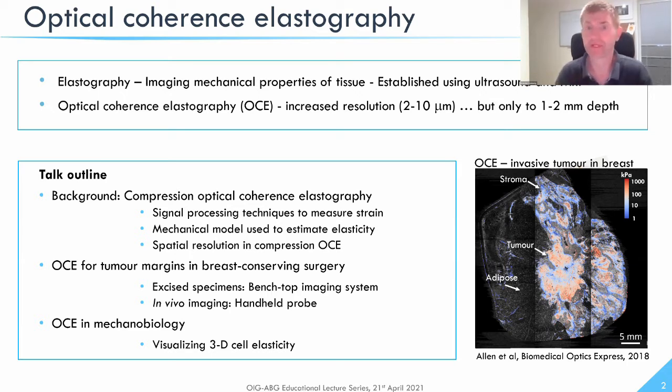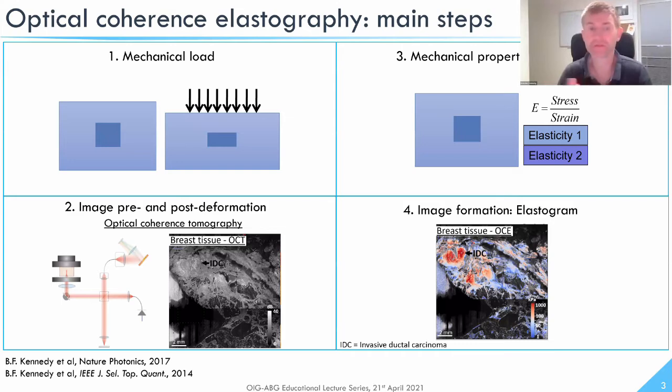The main steps in OCE are outlined on this slide. First of all, we have some form of mechanical load applied to the tissue. I'll describe the various forms of loading that you can apply in subsequent slides. You then need to image the tissue, ideally before and after this deformation has been applied, to extract the displacement or deformation.